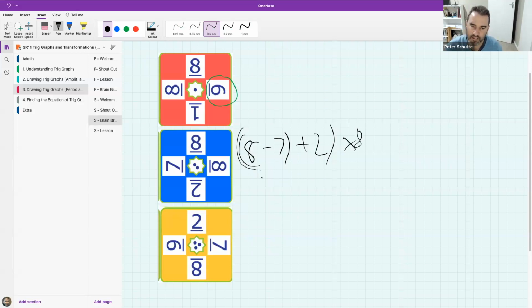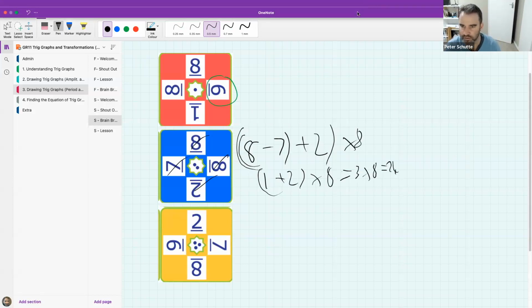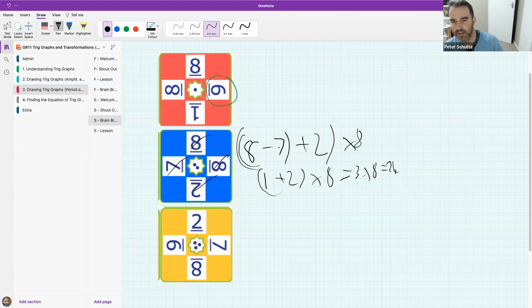So 8 minus 7 is 1, plus 2 times 8. Let's check, so 7, 8, 8, 2. And then that gives you 3 times 8, which is 24. Yes, Kitzel, the blue one is yours. Well done, Kitzel. There we go.